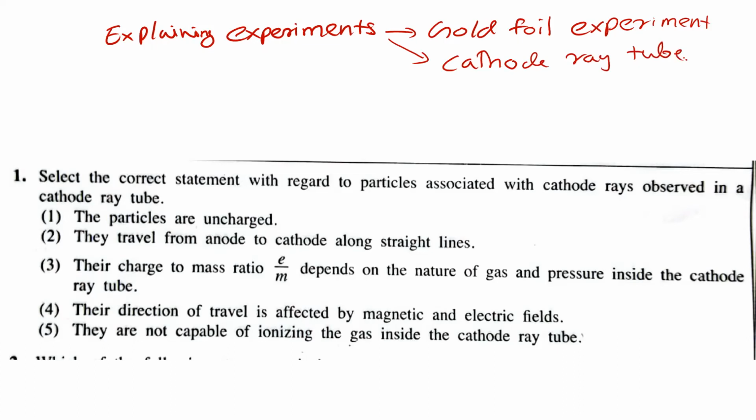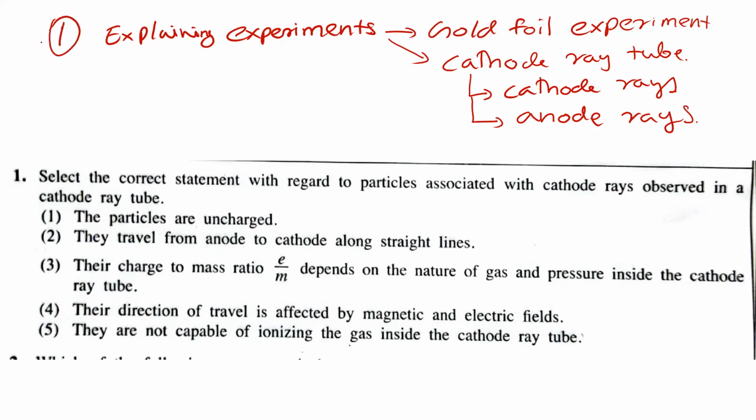Cathode ray tube experiments were done in 2 different ways: for cathode rays and also for anode rays. Now this is the first type of questions you get with these discoveries, like the history part of this atomic theory. So let's see the first question.